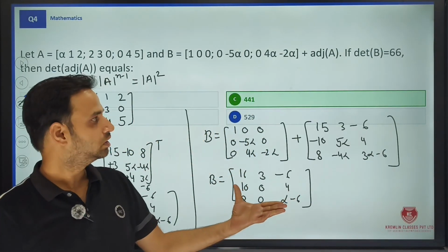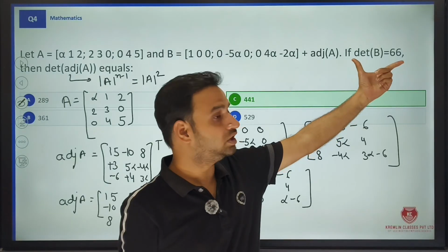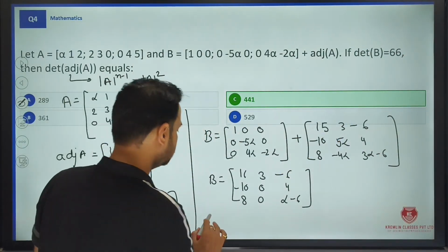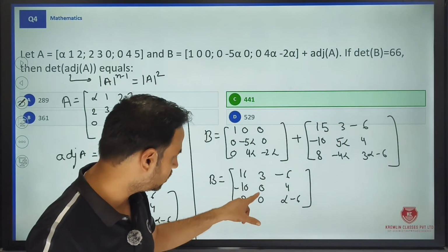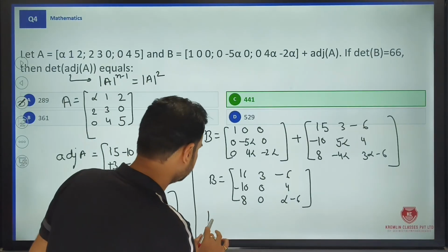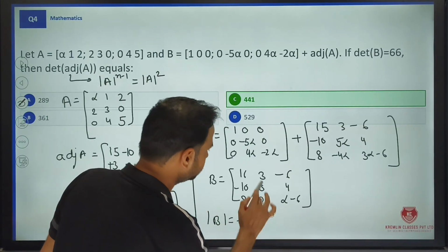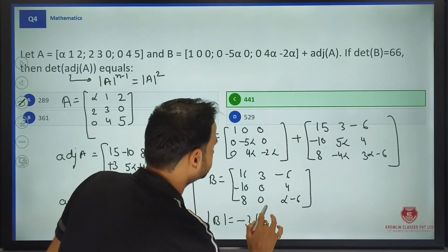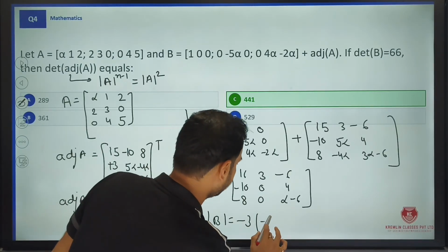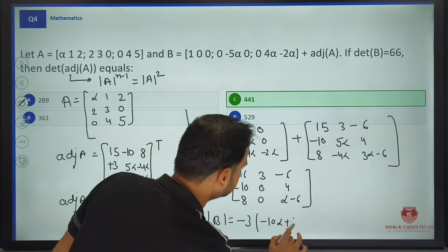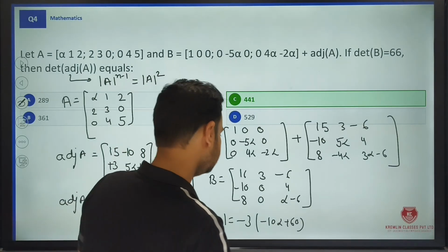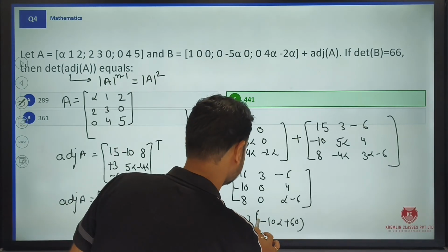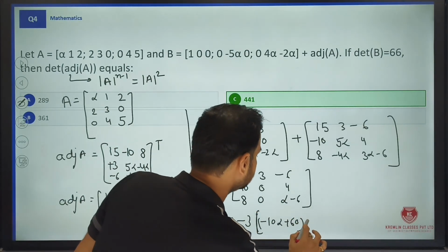So it is B, but basically what we have given, determinant of B is 66. So let us see that the two columns are here 0. So determinant of B will be minus 3. This will be minus 3 plus minus, hiding the rows and columns corresponding, minus 10 alpha plus 60. Okay, and minus 32.